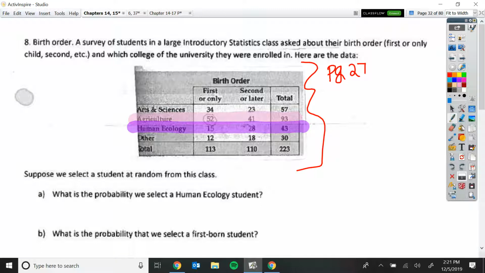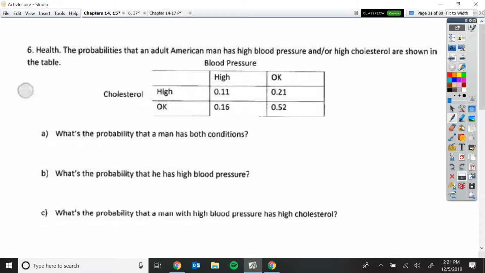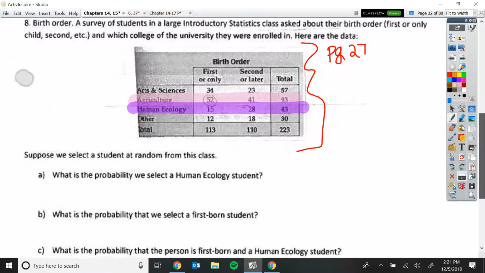Okay, good. And so based on our picture here, what do you think, are human ecology and agriculture disjoint? What do you think, Miss Megan? Okay, so that would be true, but I'm asking about a person being a human ecology student and a human ecology student in ag.